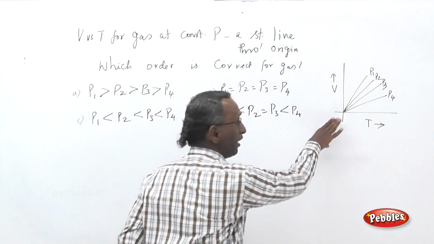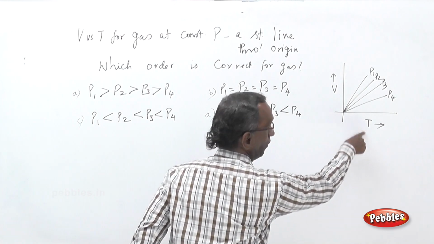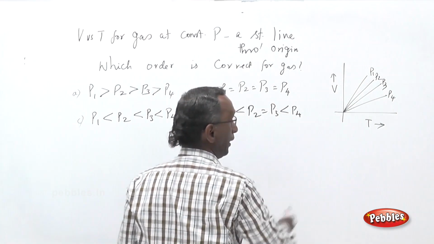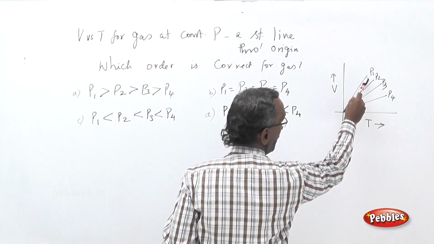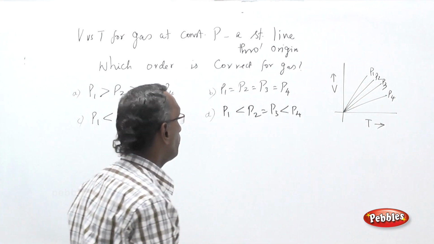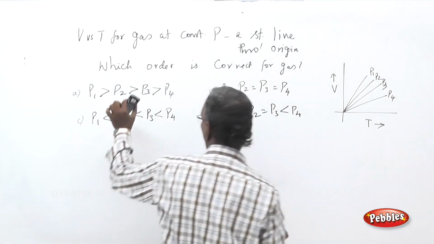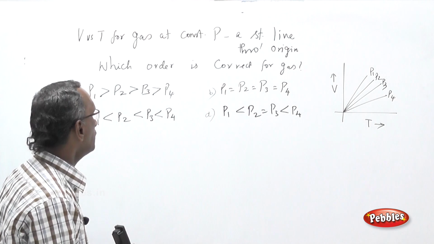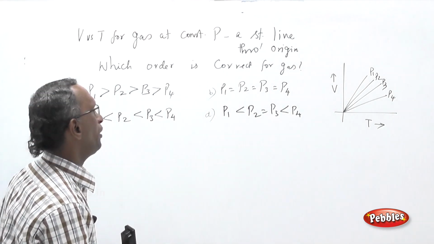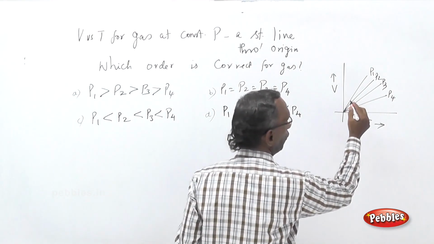So this plot shows the variation of volume with respect to temperature at different pressures: at a constant pressure P1, at a constant pressure P2, like that. So 4 plots are given. From this we have to analyze, and choose the correct order from the 4 choices.